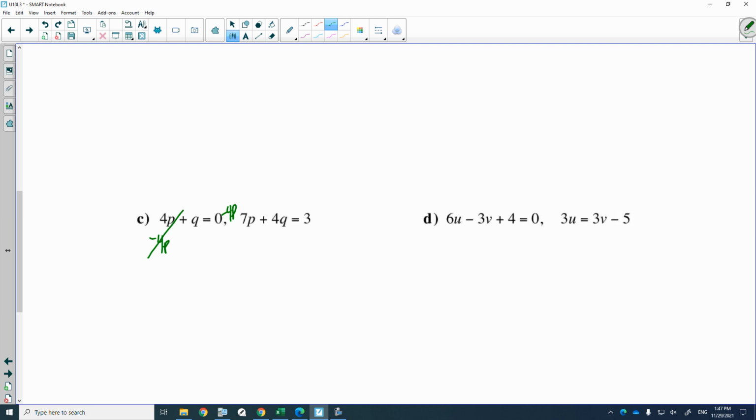That would give me q is equal to 0 minus 4p, and I don't need that 0. q is equal to negative 4p. So then you say to yourself, in my second system, you would take out the q and you would put in negative 4p.